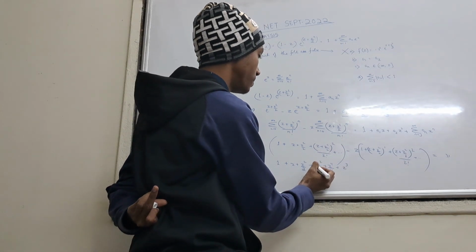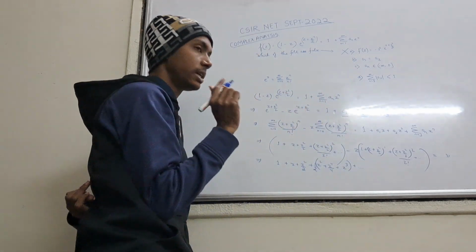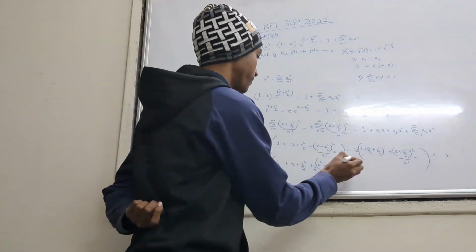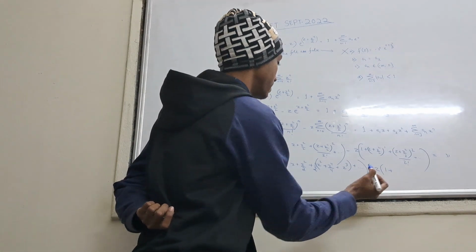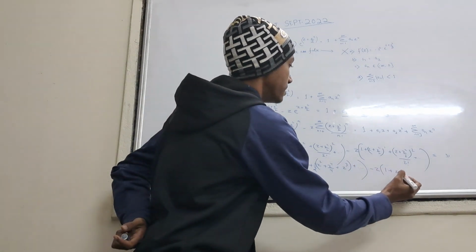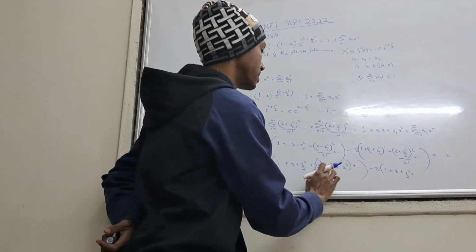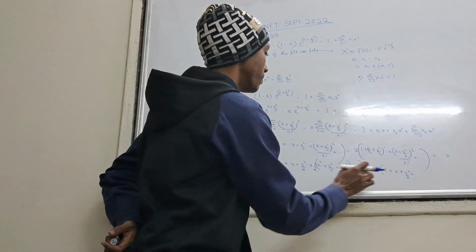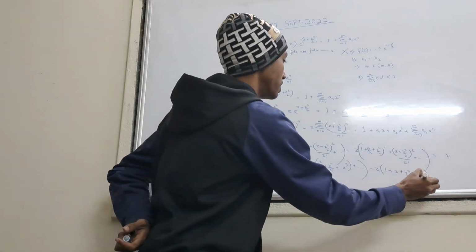And this one will be 1 by 2, and remaining all are higher than z and z square. We don't need that. Similarly here 1 plus z square by 2, similarly we will get z square and z4 here, but since z will multiply, we will get powers higher than z and z square, so we don't need this one.